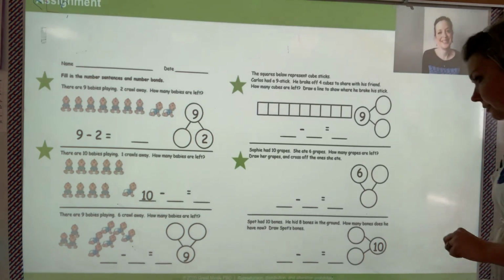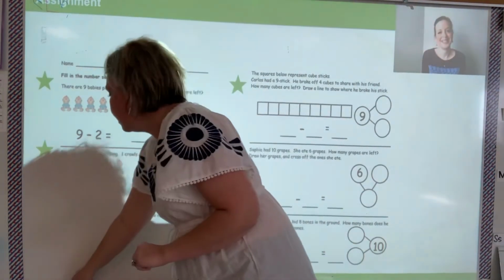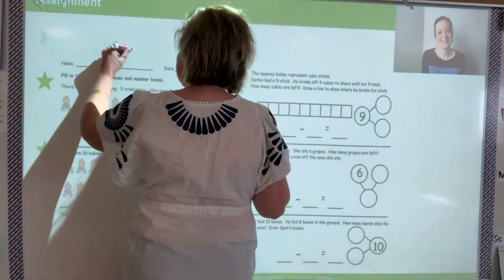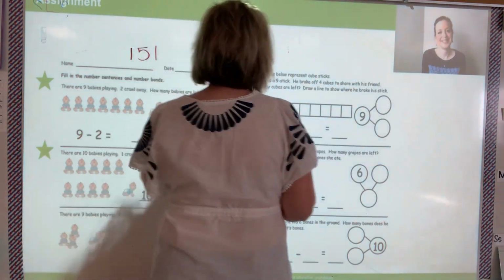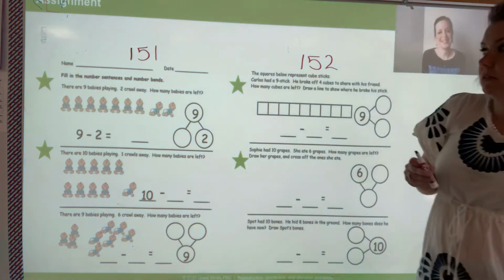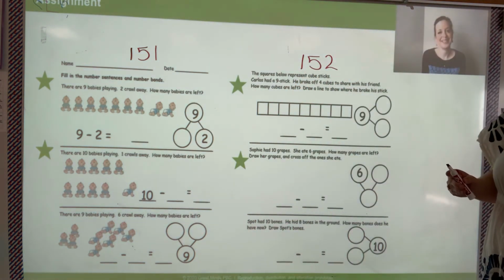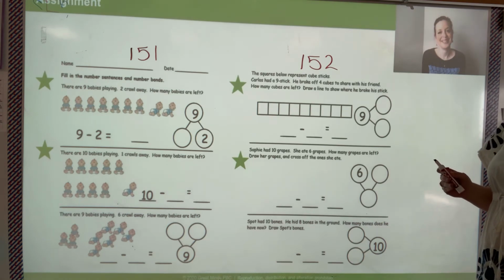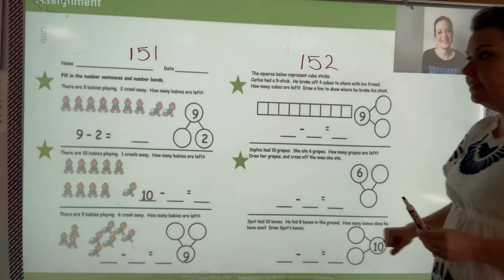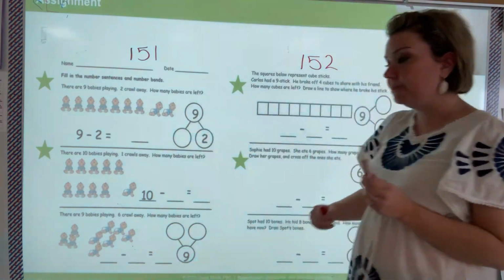Your math book is going to be on page 151 and 152. Oh, look at the cute little babies. It's asking us to fill in the number bond and the number sentences.